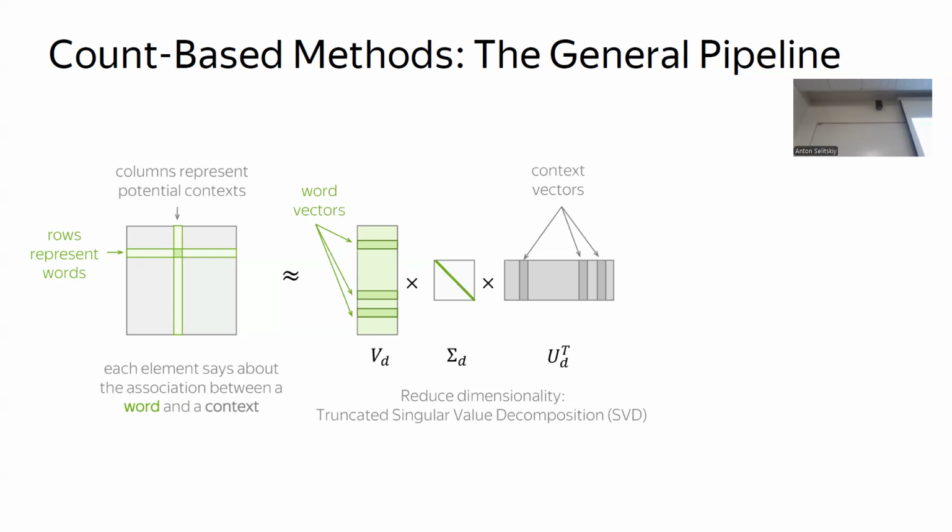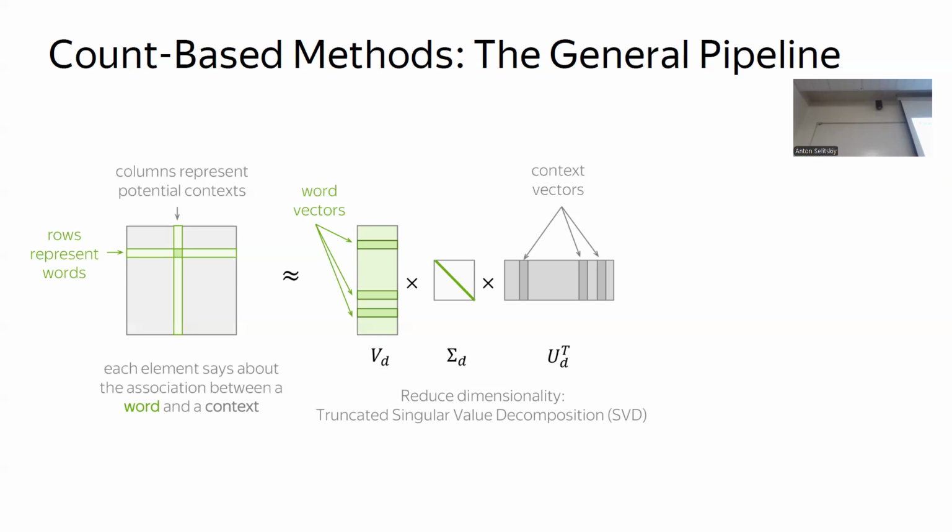For example, for a matrix n times m, U will be n by n and V will be m by m. Sigma will be a diagonal matrix with positive numbers on the diagonal.